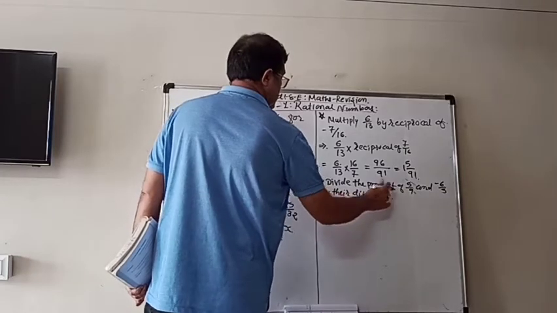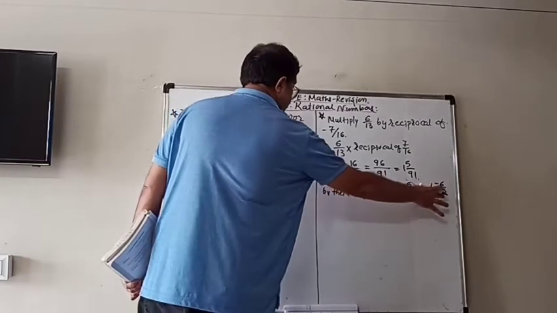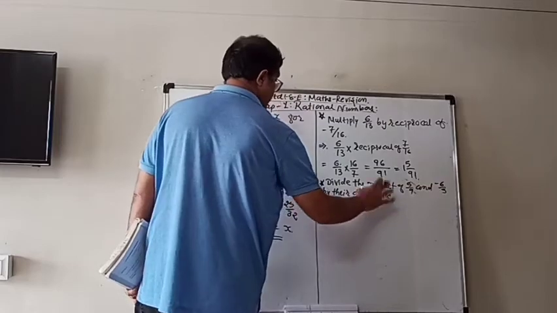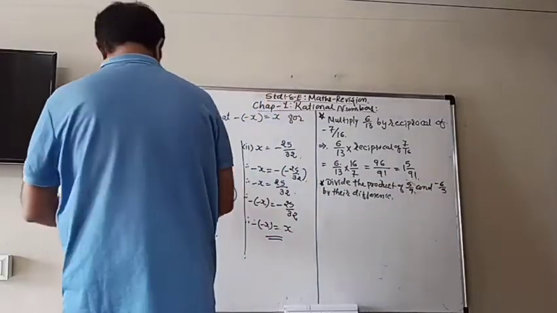So first we have to find the product of them, find the difference of them, and then the division.